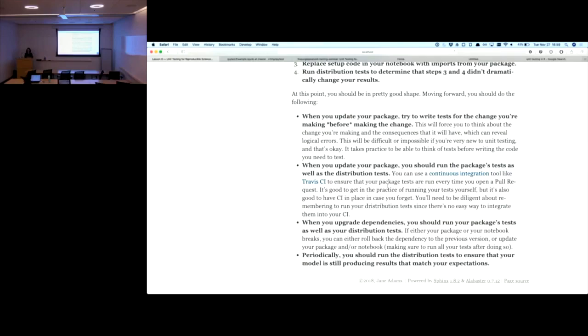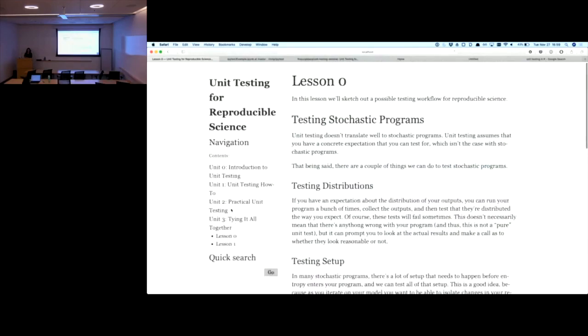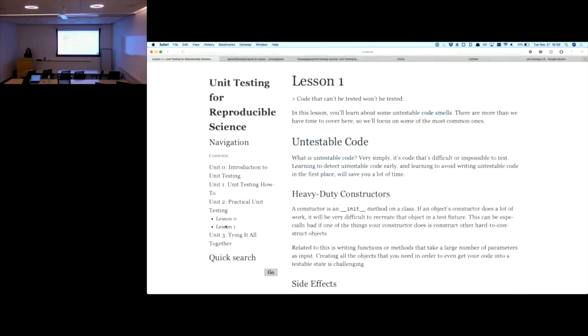I linked to this GitHub repository in the course website. Again, that repository just has all of these written materials in it. We all were able to build and serve the docs locally, which is cool. So I would encourage you to read through Unit 2, Lesson 1, and also read through Lesson 3, since we had to go through that kind of fast.